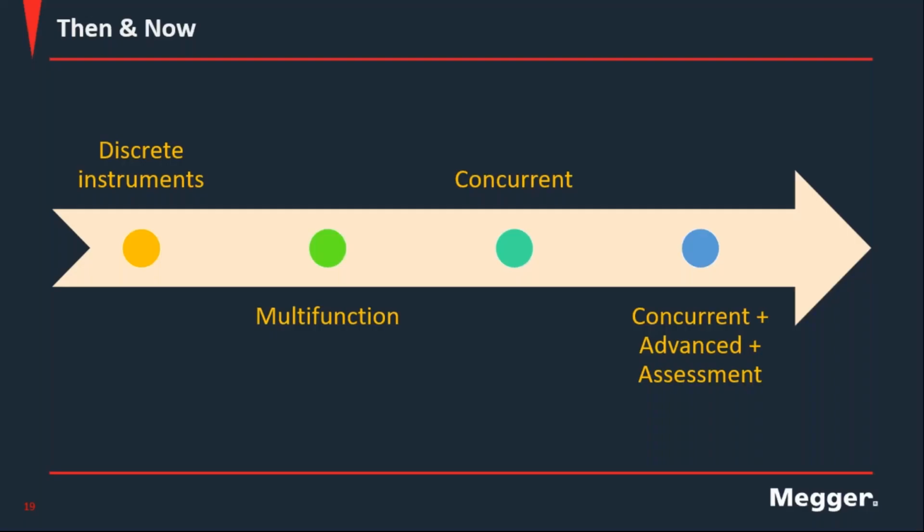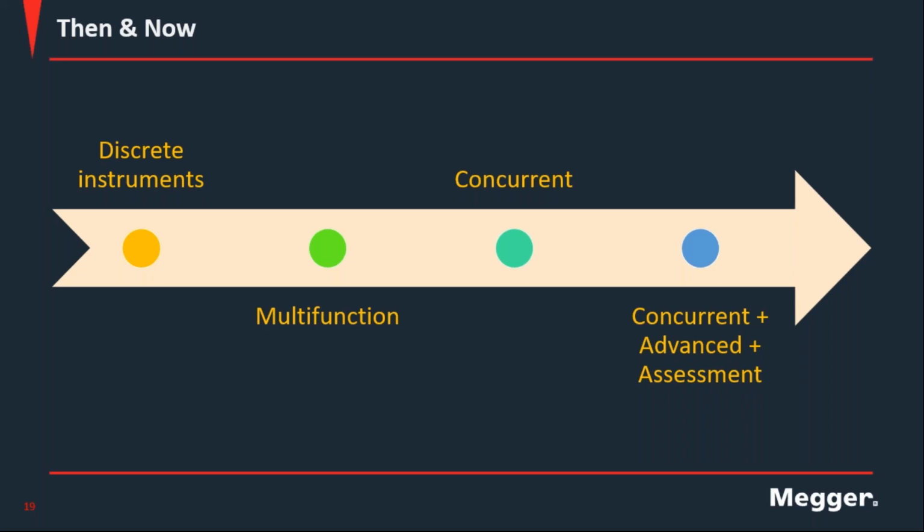As I was mentioning, the test requires a comprehensive set of tests, and previously, years ago, you would have discrete instruments, separate instruments for each of the tests that you need to perform. And of course, you will get separate results, separate reports that won't help you to do the assessment quickly and easily.